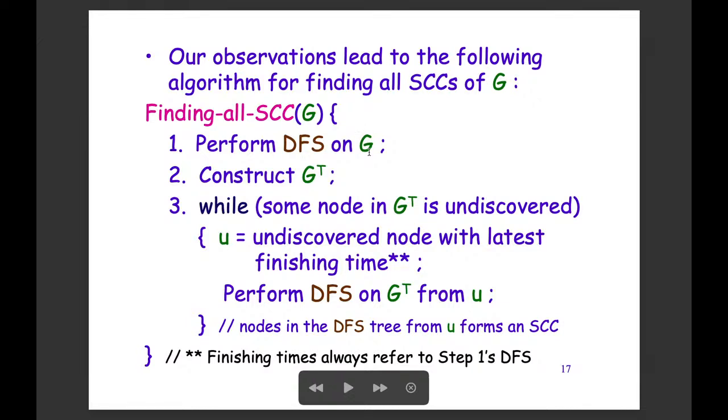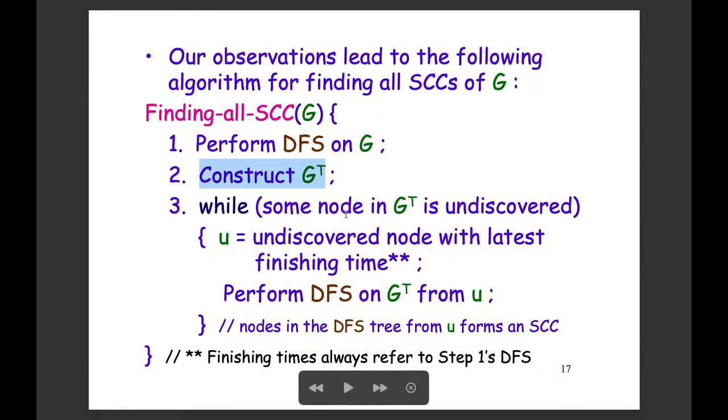We will add an edge VU in the graph GT. So in such a case, visiting each edge of G, we'll get an edge of GT, and then we will construct the adjacency list of GT based on reading all the edges of G. So we can construct the adjacency list representation of GT also in linear time.